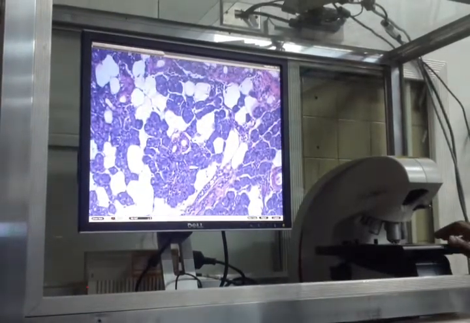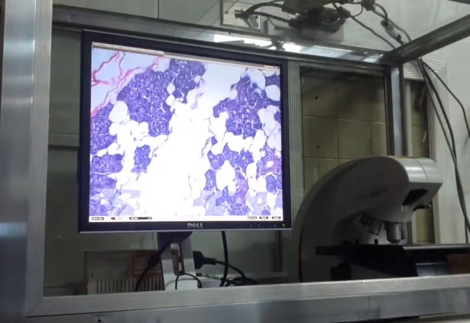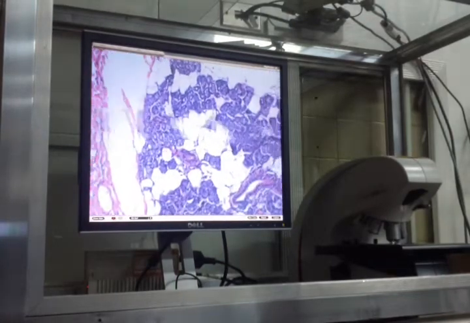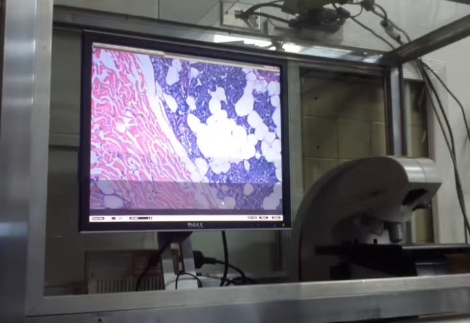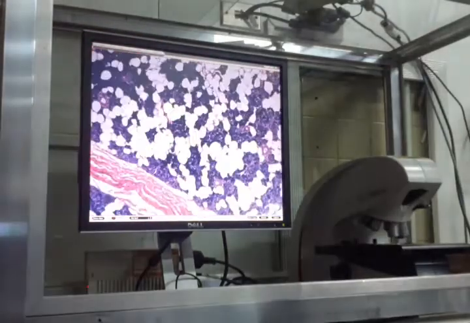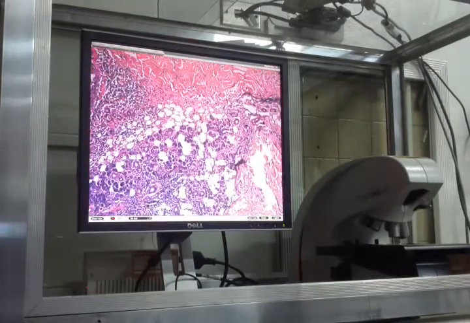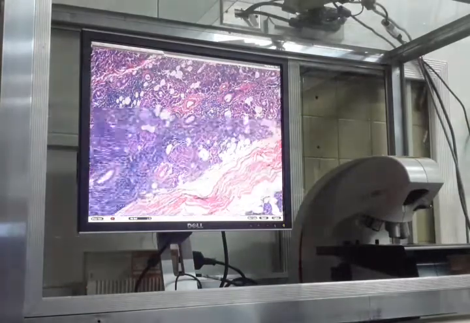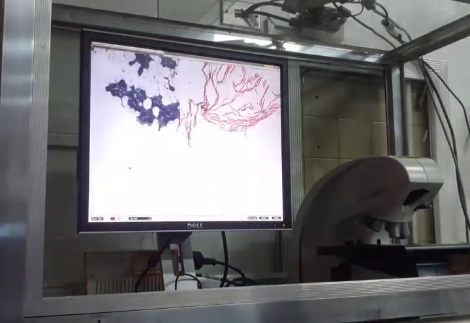Ang i-recognize mo dapat si salivary glands, yung acinar structures at saka yung ductus. Fibrous tissue band. Maghanap ka ng fibrous tissue band na may lymphocyte. Ito. Ito ba? Tonsil yan. May lining yan.